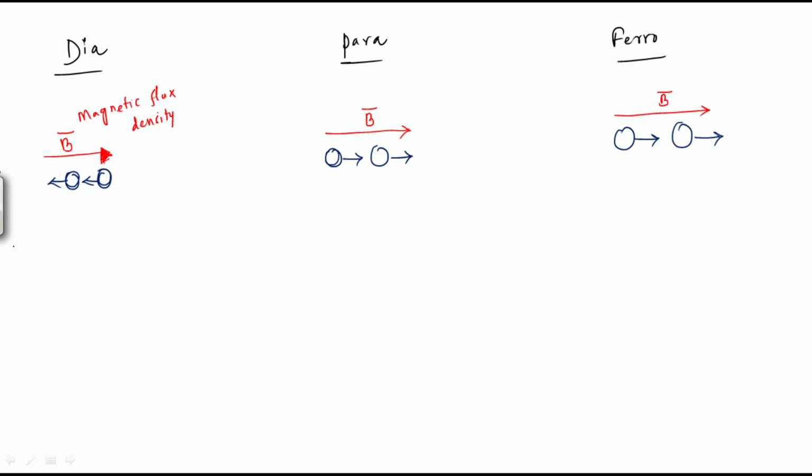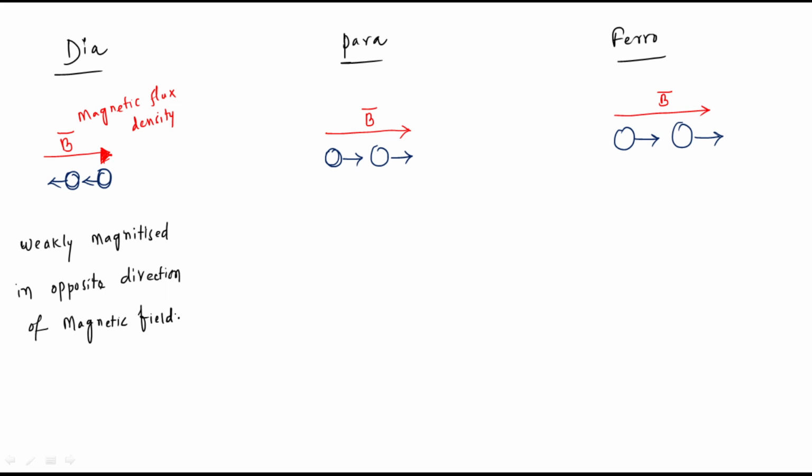So what is the statement here for diamagnetic materials? Weakly magnetized, in which direction? See the direction, in the opposite direction of the magnetic field.